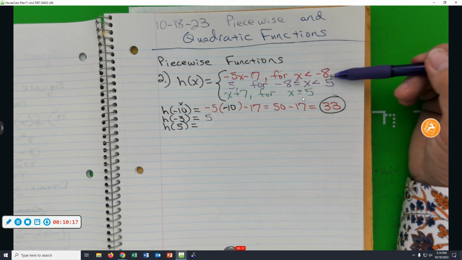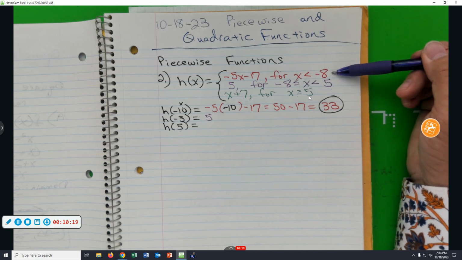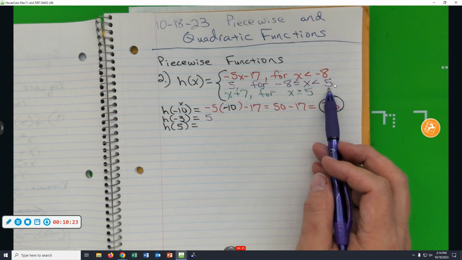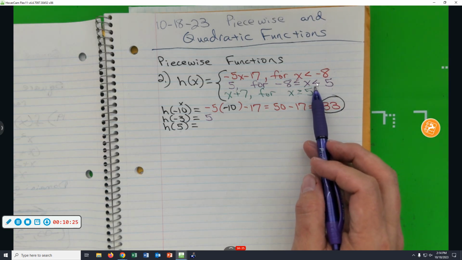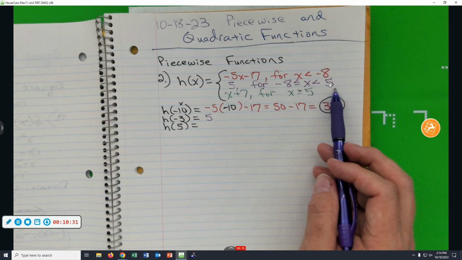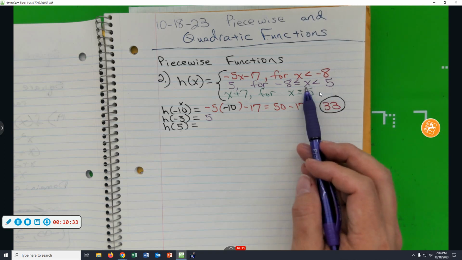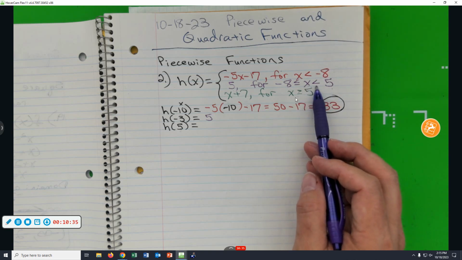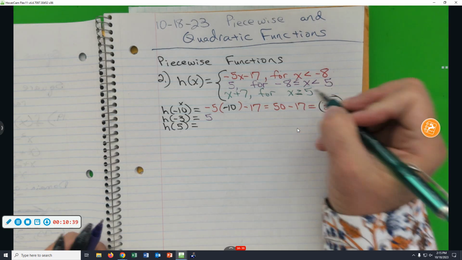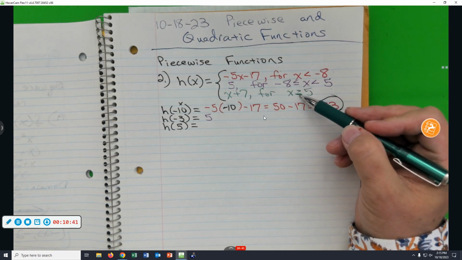Is 5 less than negative 8? No. Hey, I see a 5 here in the inequality. Is equality allowed here? Can x equal 5 on the purple piece? No, it's just got to be less than. Which piece allows equality? That green piece, greater than or equal to.